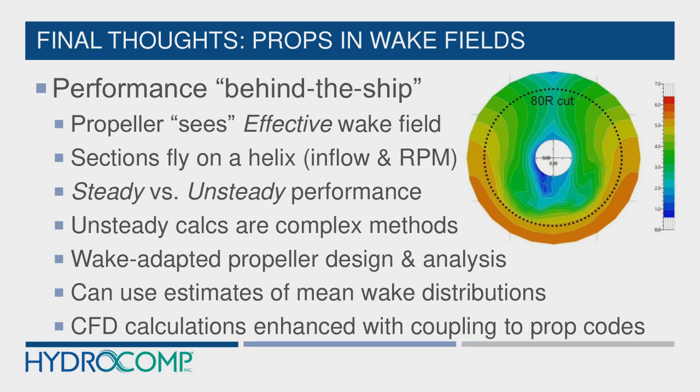We use what's called wake adapted propeller design, which focuses on the radial mean distribution, but that same tool can be used for full quasi-steady and unsteady calculations around the wake field. Prop Elements has that capability, for example. And CFD calculations, fully integrated hull propulsor computations with CFD, can include that rotating frame of a propeller, or the calculations can be enhanced by coupling to propeller codes, similar to how they can be coupled with more simplistic actuator disks.